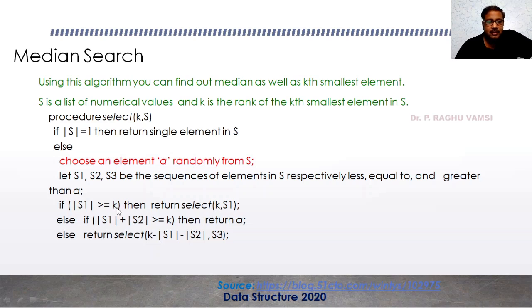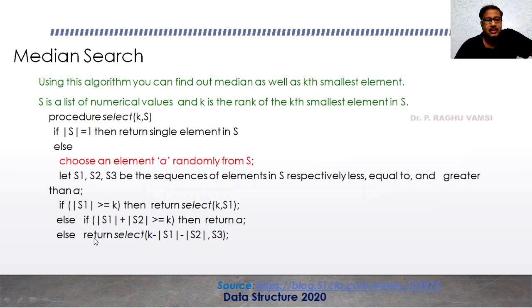That means whatever the median element that you want, you are supposed to recursively apply on this S1 subset. Else, if the length of S1 plus the length of S2 is greater than or equal to K, then return the K. This is the value.